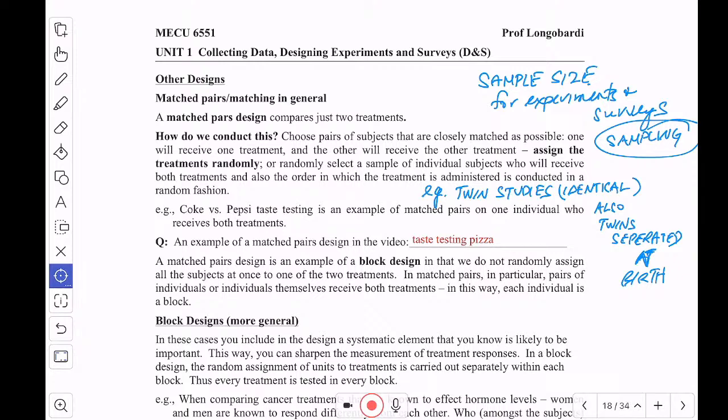So you have identical twins separated at birth, so now you can see what characteristics of the individuals is attributable to their genes.